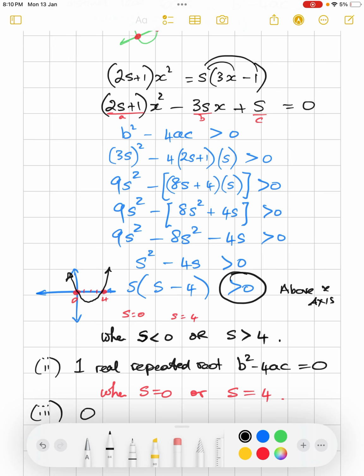Part 3, if it's got no real roots, it means that the parabola and the line miss each other altogether.